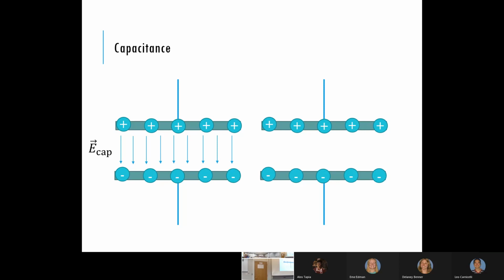Just to give you an idea, for this type of arrangement, I said that the magnitude of the electric field between the two plates is given by the density of the charges, the surface charge density, charge per unit area of the plates, divided by a constant, the permittivity of free space.